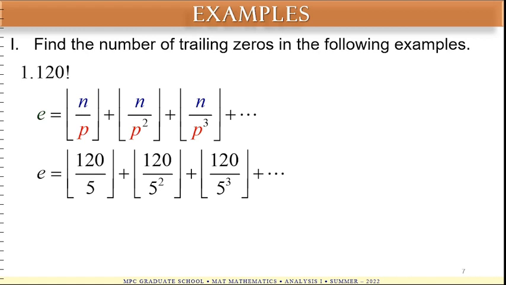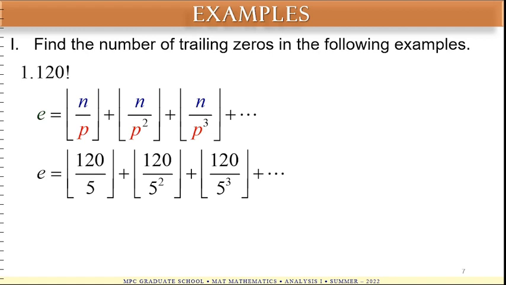So we can substitute. So 120 is n, then p is equal to 5. Then next is 120 divided by 5 squared, and 120 divided by 5 cubed.